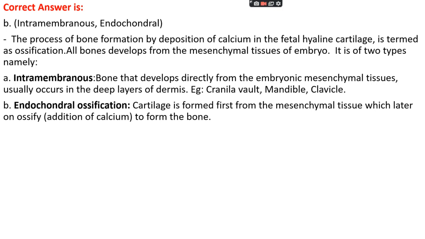It is of two types, namely intramembranous and endochondral ossification. In intramembranous ossification, bone develops directly from the embryonic mesenchymal tissue, usually in the deep layer of the dermis, for example the cranial vault, mandible, clavicles, etc. While in endochondral ossification, at first cartilage is formed from the embryonic mesenchymal tissue, and this cartilage is further ossified by the addition of calcium to form the bone.